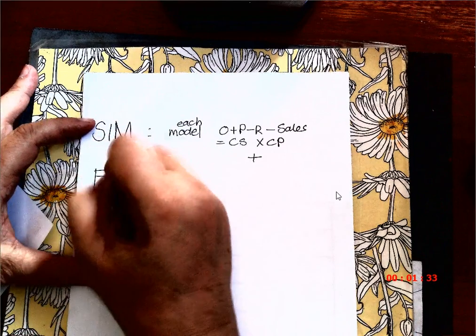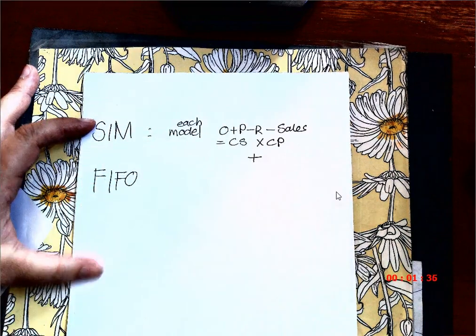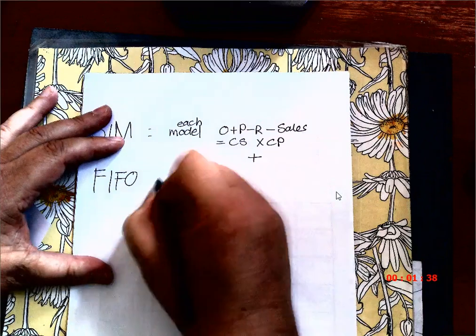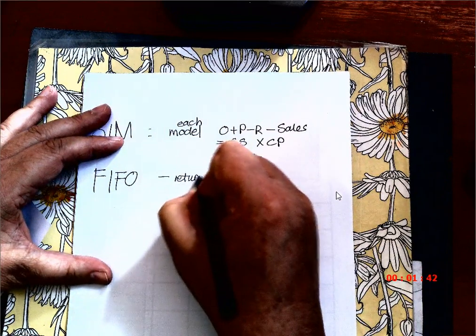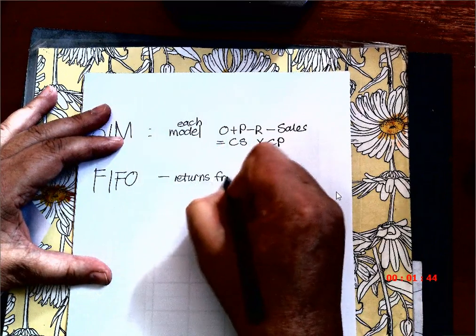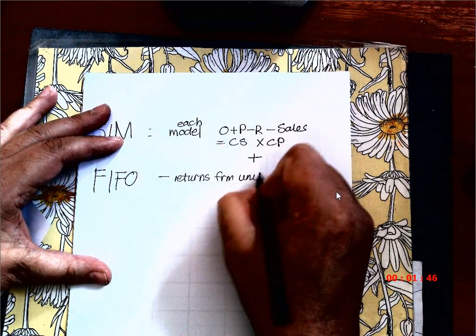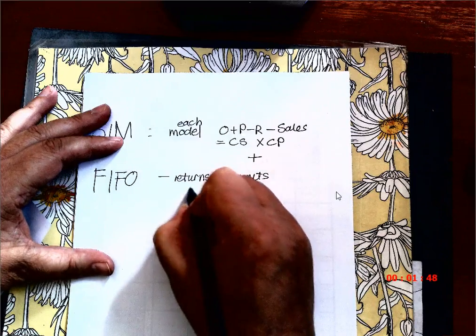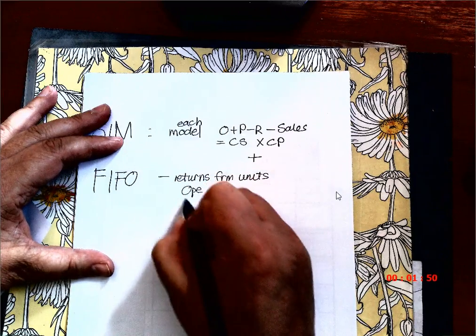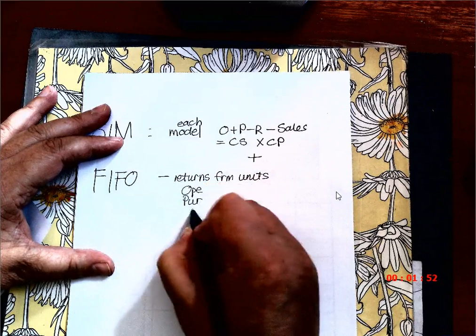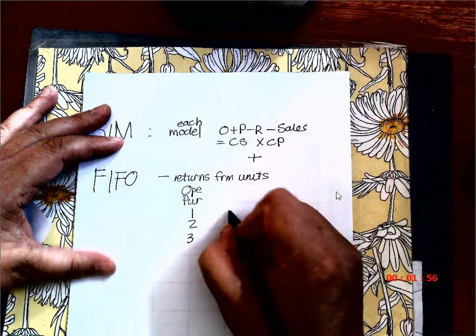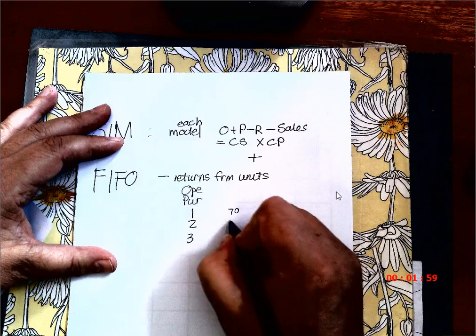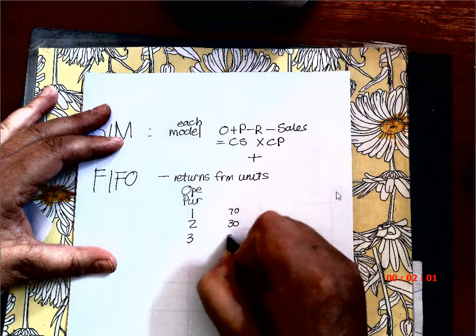FIFO, I will literally first go and subtract all my returns from the units. So let's say I have an opening balance and I've got purchases. And the purchases I've got batch 1, batch 2, batch 3. Let's say batch 1 was 70, 2 was 30, 3 was 50 units.